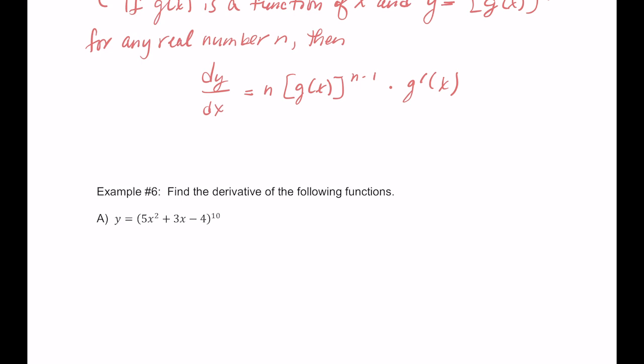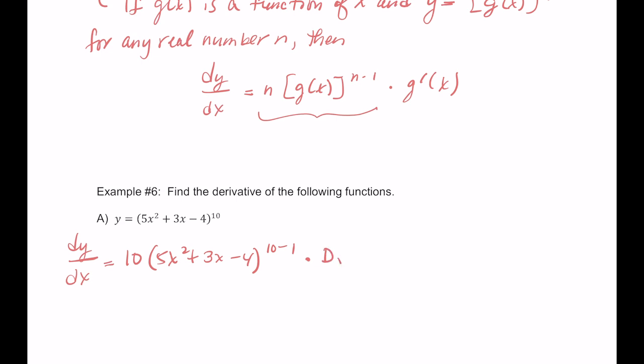To find the derivative of y with respect to x, I'm first going to use my power rule. Okay, so what would my power rule be? Well, here's my power. I'm going to multiply that by the coefficient in front, 10 times 1 is 10. And then I'm going to rewrite my expression here, and then it's going to be to the 10 minus 1 power. Okay, that takes care of this first part.